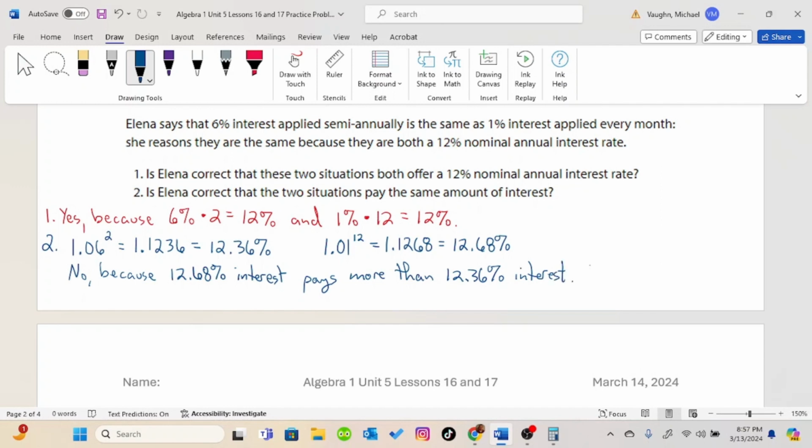We call this effective interest. It's what actually gets charged.